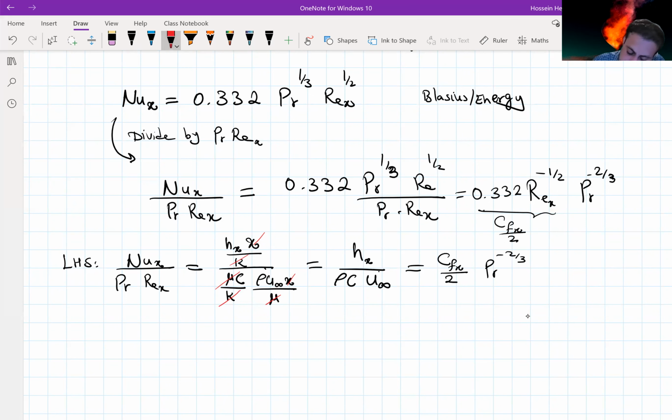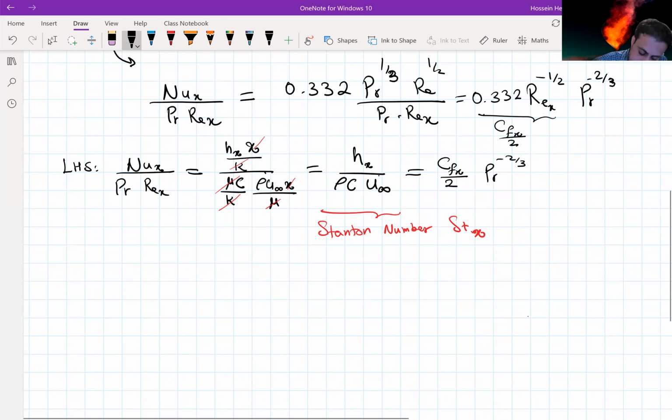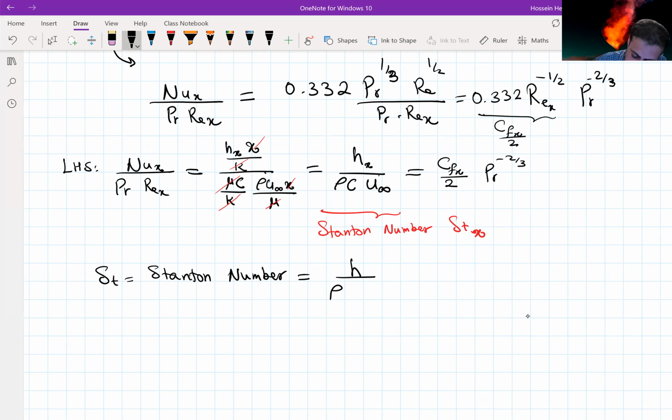Now we define a new dimensionless number and we call it Stanton number, St of x. So in general, Stanton number is h over rho c u infinity, which is Nusselt over Prandtl Reynolds.